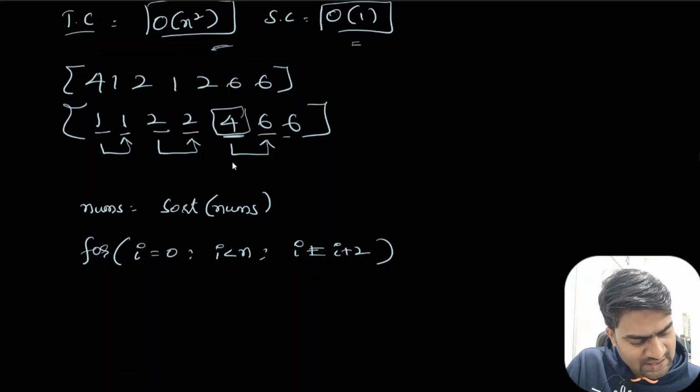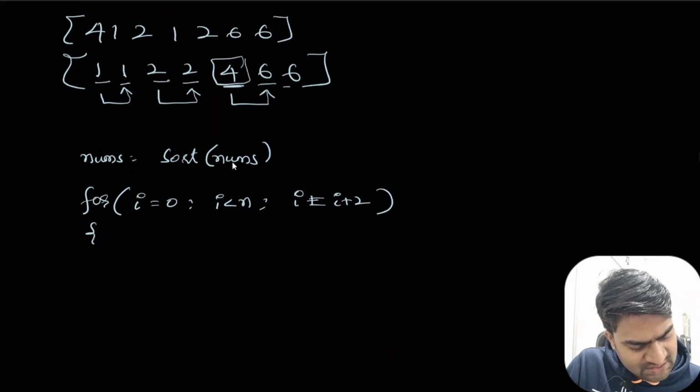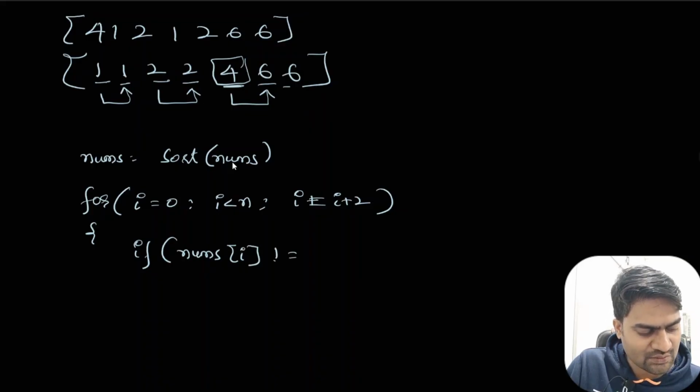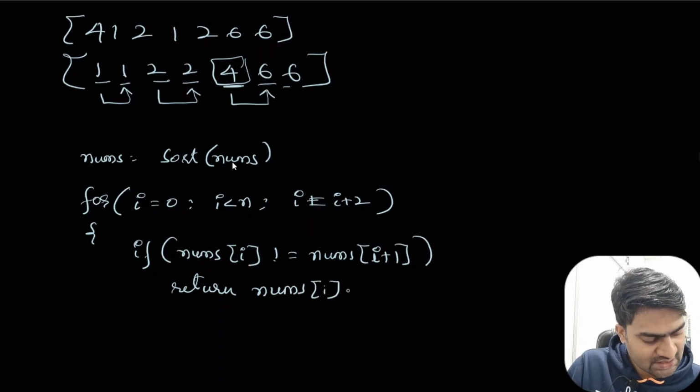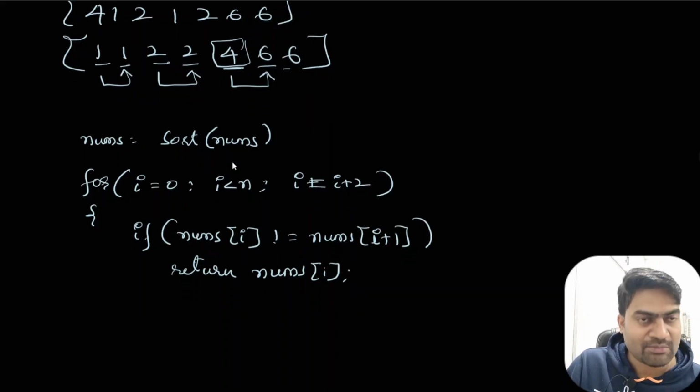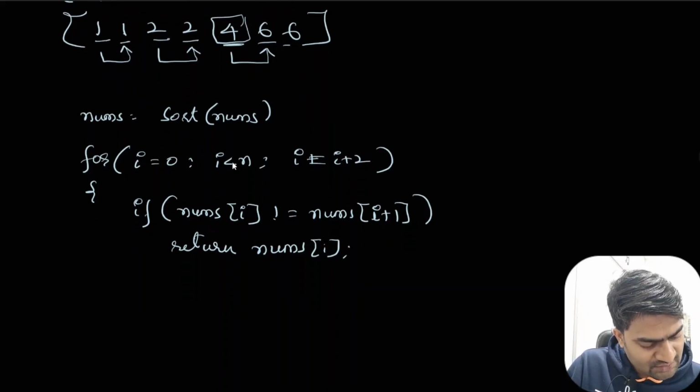So now I will check if nums of I is not equal to nums of I plus 1, then I will simply return my nums of I. Okay, this way I will find the number.